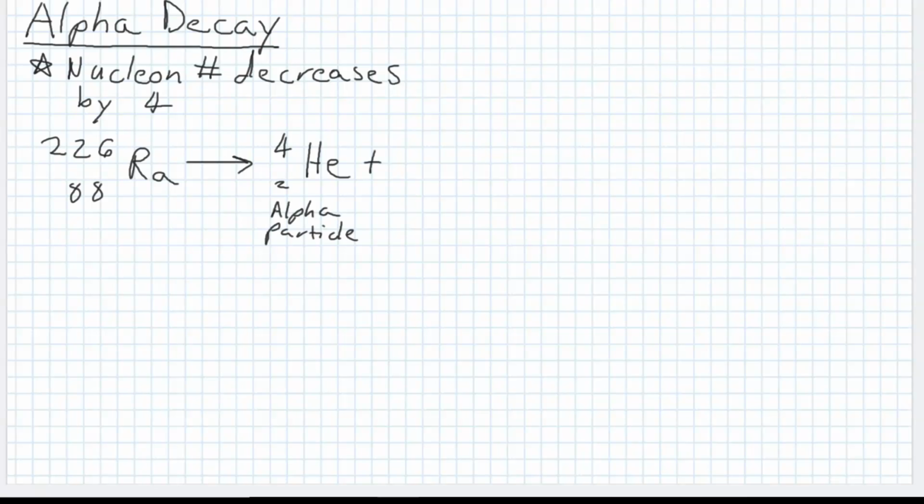I would reduce the nucleon number of radium by 4, and I would reduce the atomic number by 2, which would mean I have a different element now because I've changed my atomic number. Now I have radon. Okay, that's our example of alpha decay.